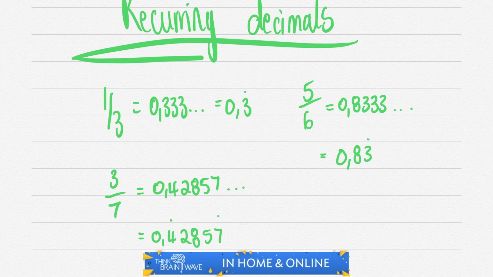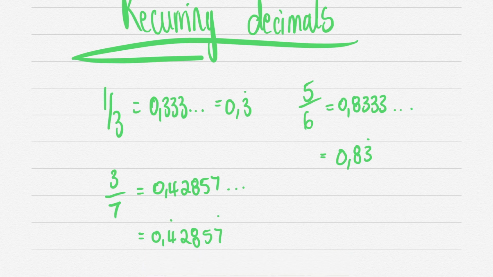I haven't done the dot. There's a short method to write it, like I've done over there. But generally, you'd actually put the dot on all of the numbers. So there we have it. We've got 0.42857, 42857, and that would continue to infinity. That means it's recurring and it is non-terminating.